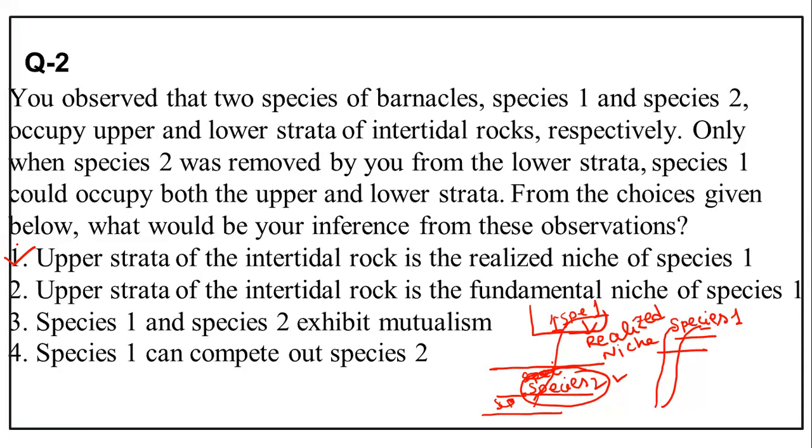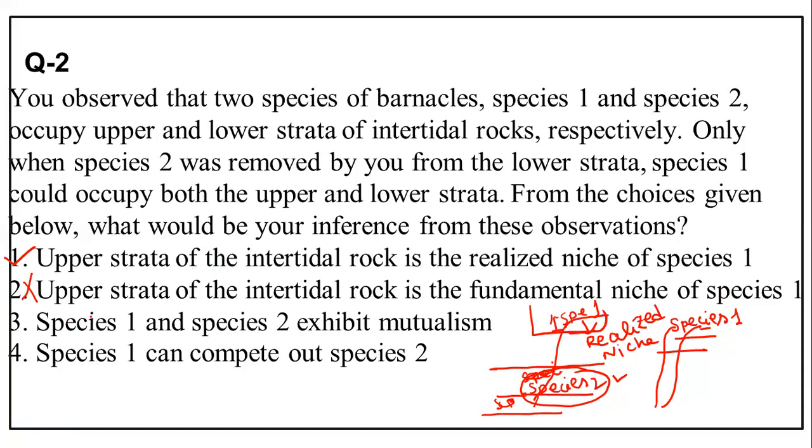So the second option, the upper strata of the intertidal rock is the fundamental niche of the nodes. Fundamental niche is without any competition, without any negative interaction like predation or parasitism. That's why the fundamental niche is much larger than the realized niche.